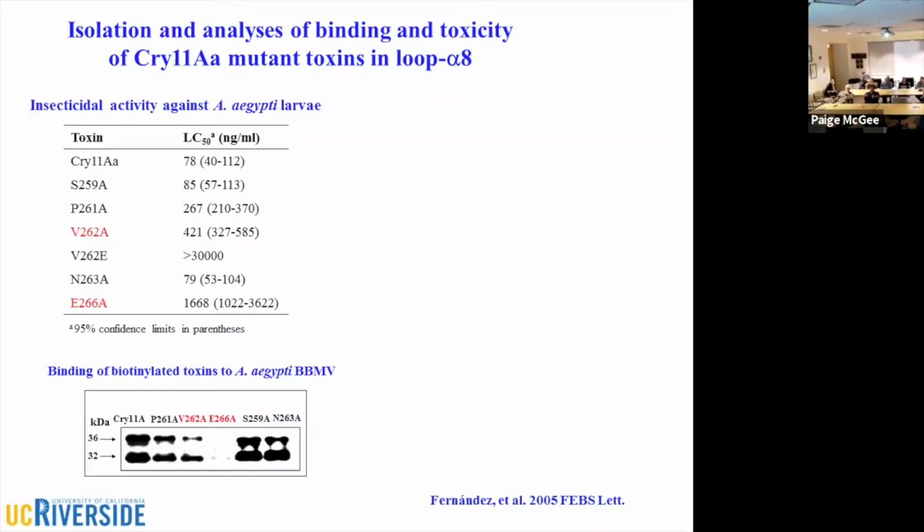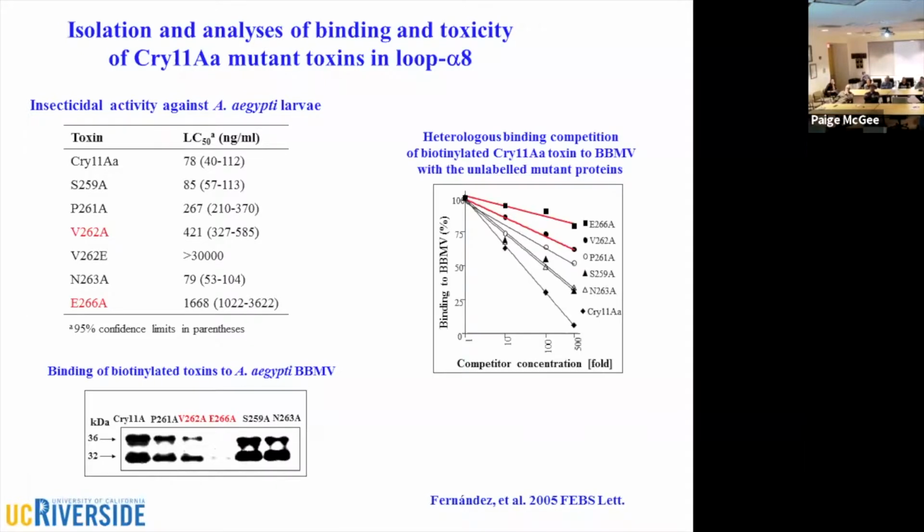What you get is an experiment like the one you see on the graph on the right. In the graph, the line in red is where we have mutated in loop alpha 8 the glutamic acid, substituted with alanine. And you can see it competes much less compared to the wild type toxin, which is the bottom-most curve. So in this way, we can identify specific amino acids that are involved.